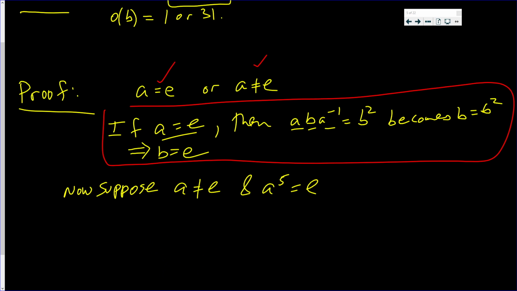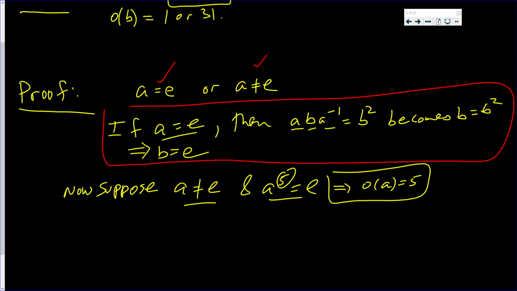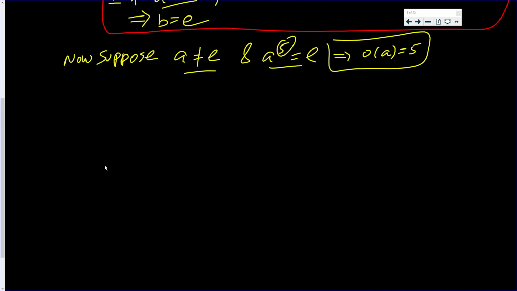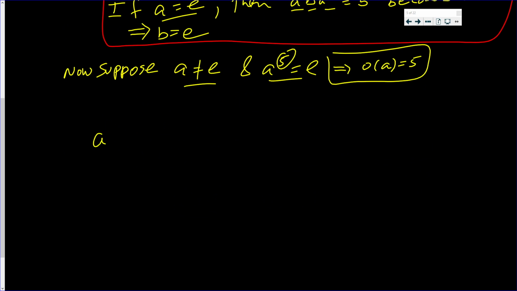These two statements imply, since 5 is prime, that the order of a is 5. You don't need this, but it's still true. So now, as we were told, a inverse is equal to b squared.